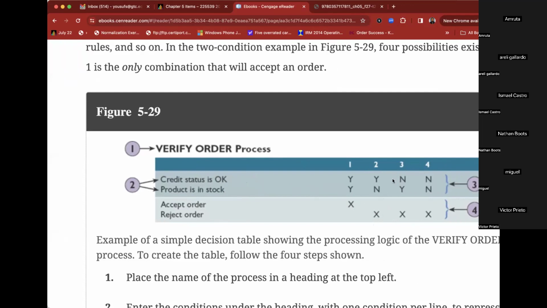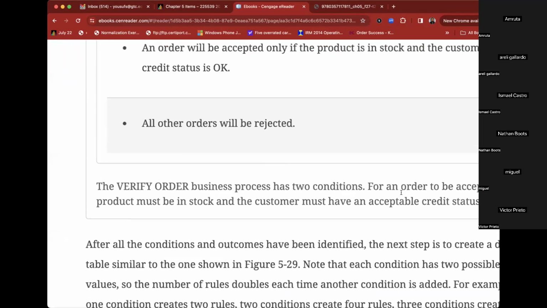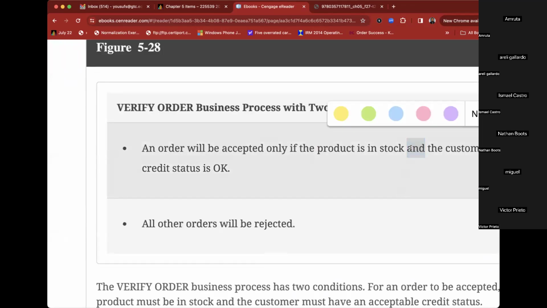Credit status is not okay, but the product is in stock, I'm still not accepting it. Why? Because of and. But and has more weight towards product in stock and less weight towards customer's credit. But if the product is in stock, then customer's credit status has a weight. If product is not in stock, then customer's credit doesn't matter.